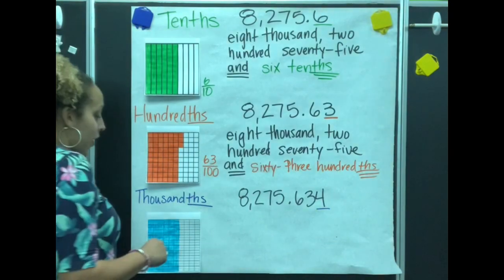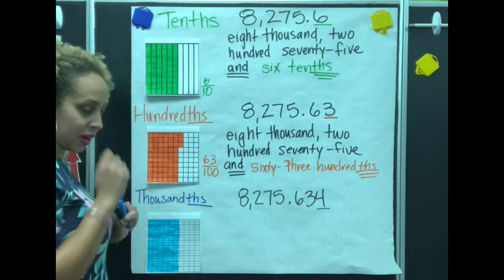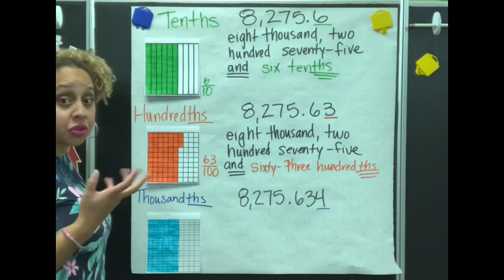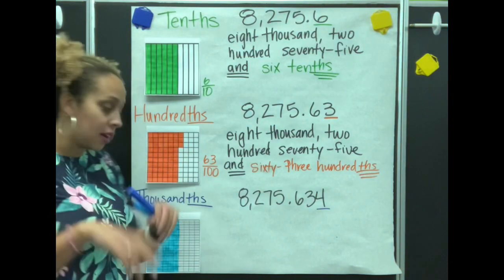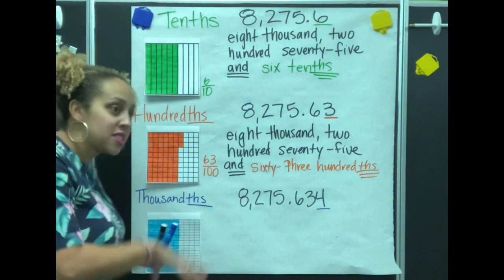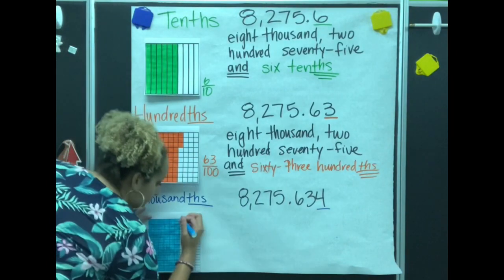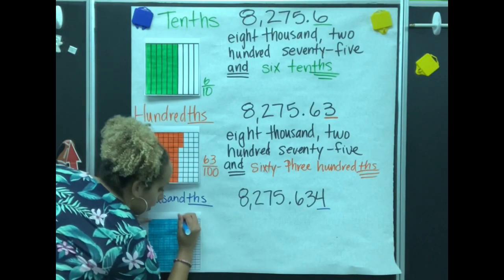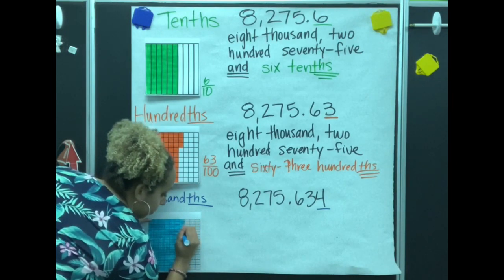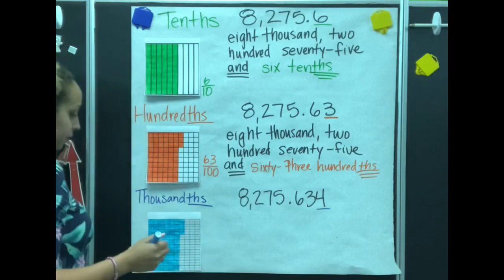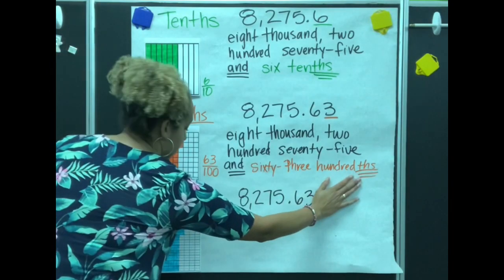Okay? Now we need to think, how many boxes do we need to color in for the 3? Well, it represents 34. Each one of these boxes is worth how much? 10. So we're going to color in 3, because 3 times 10 is 30. So we're going to color in 3 boxes. And it matches up here, because if I didn't have this, that's what this would be.